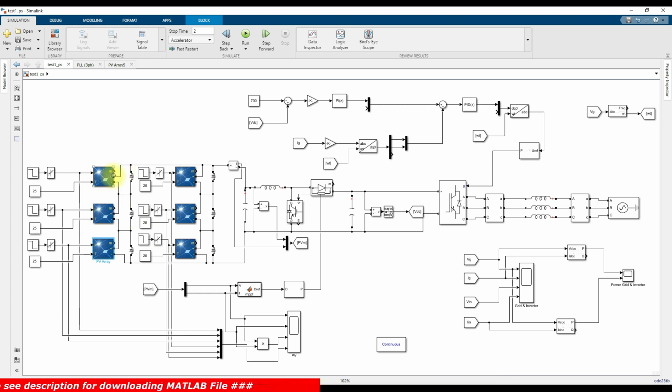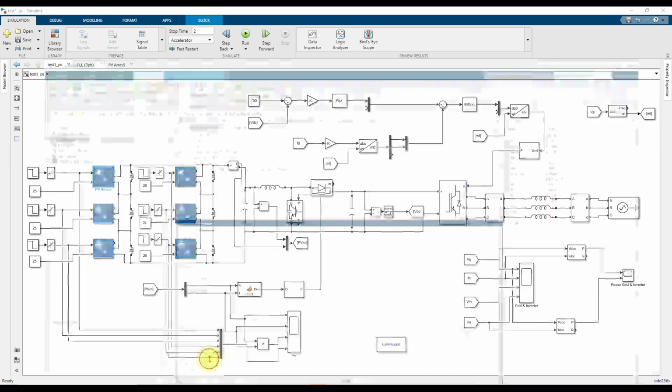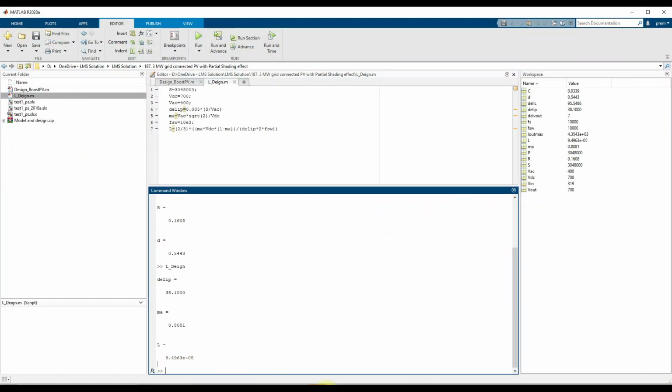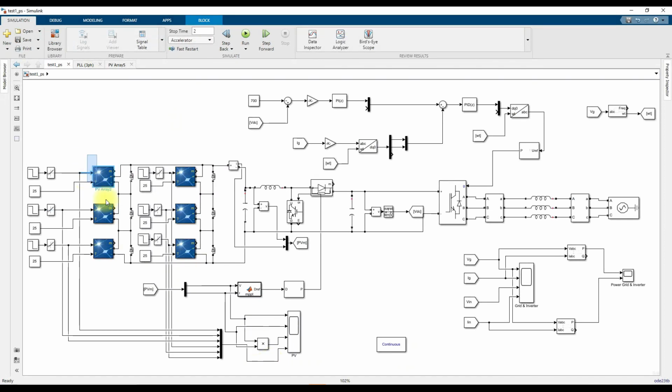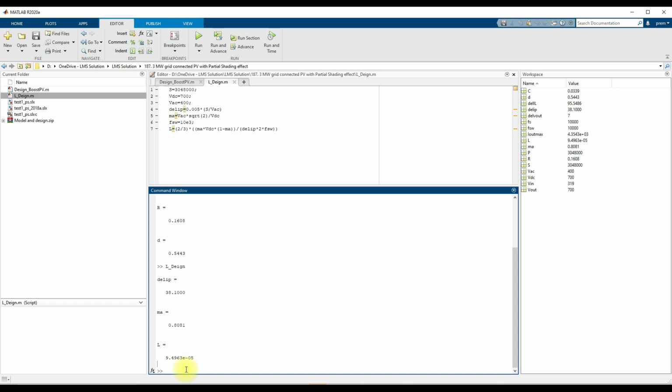So the total voltage will be 4 plus 4 plus 3 times the single PV module voltage, 29. That means the voltage across the first parallel string is 4 plus 4 plus 3, so 11, so 11 times 29, which is around 319.